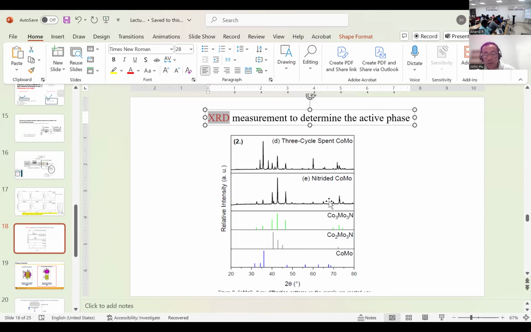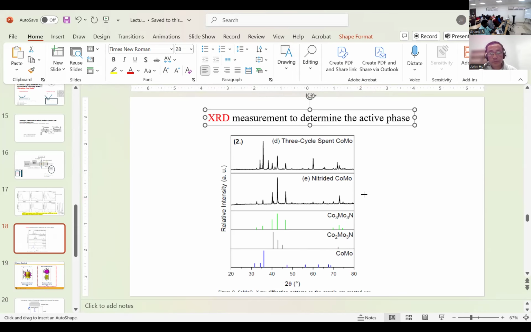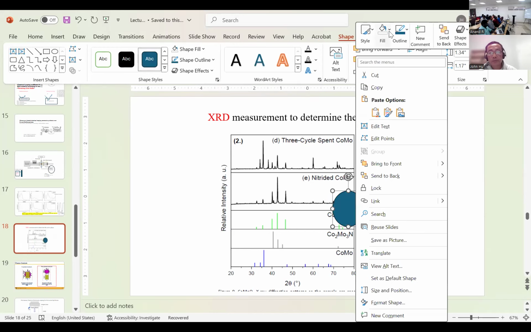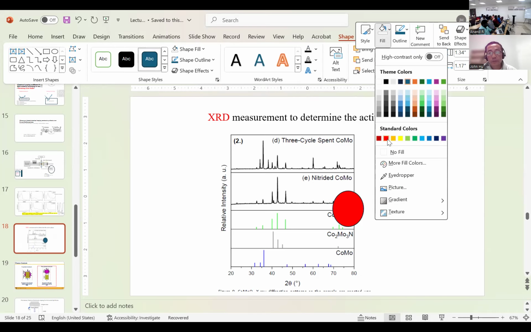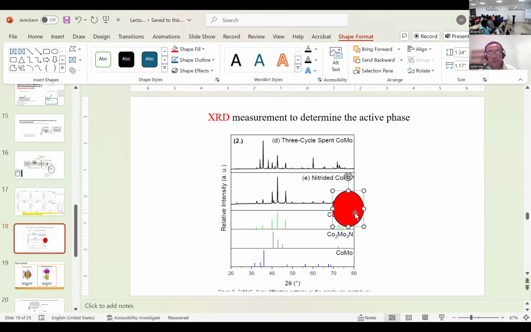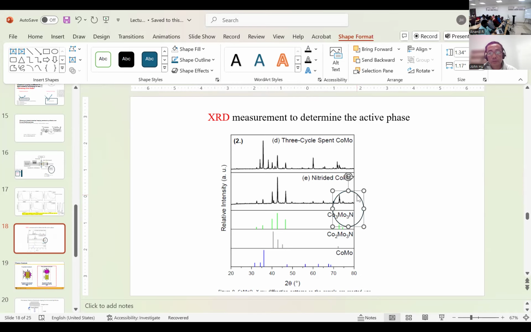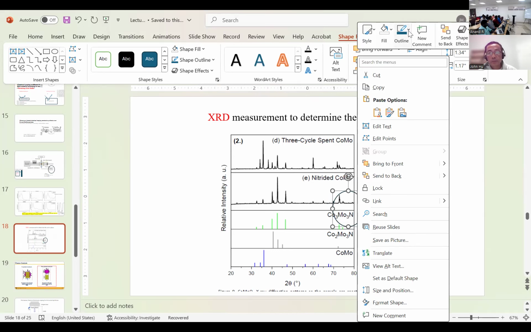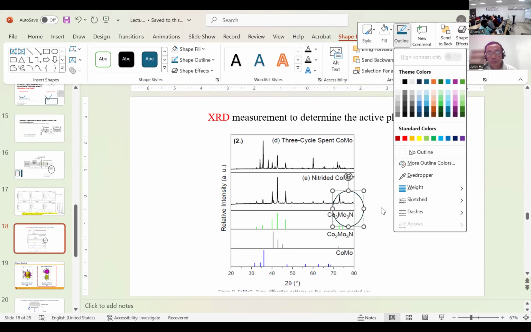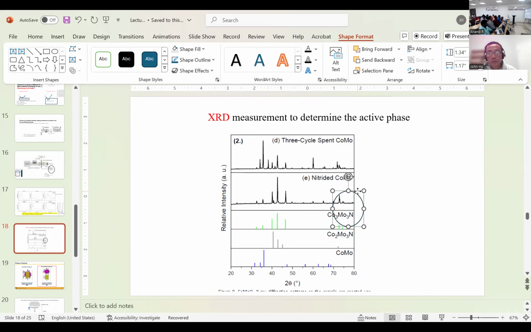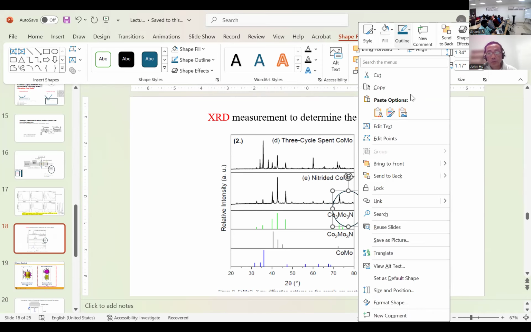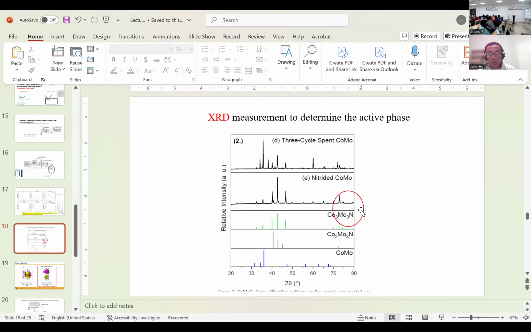Keep in mind, watch this structure. I'm going to draw a circle here.